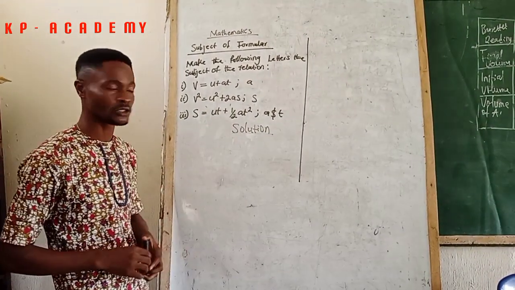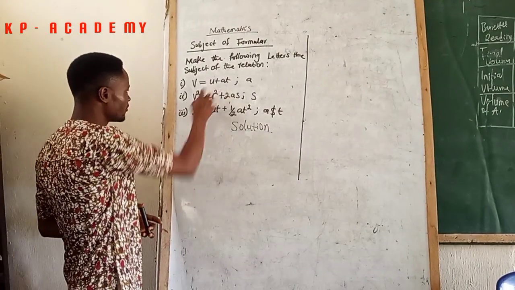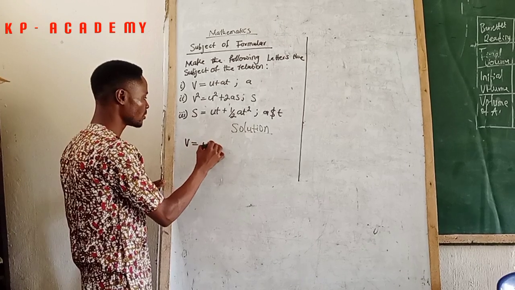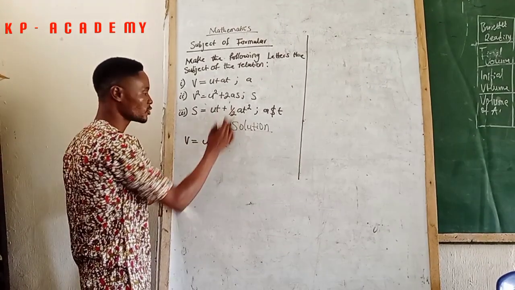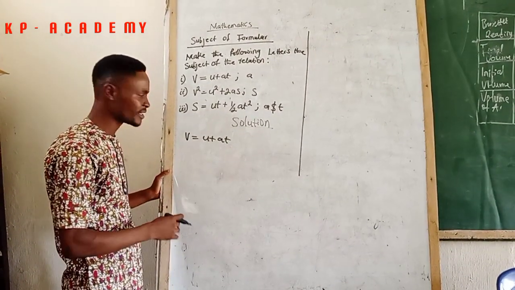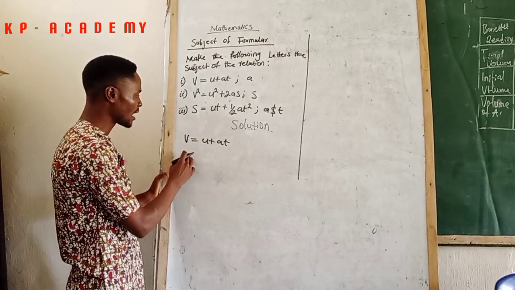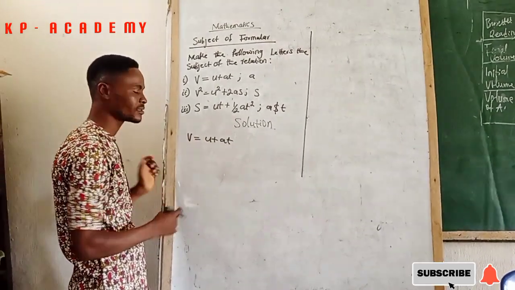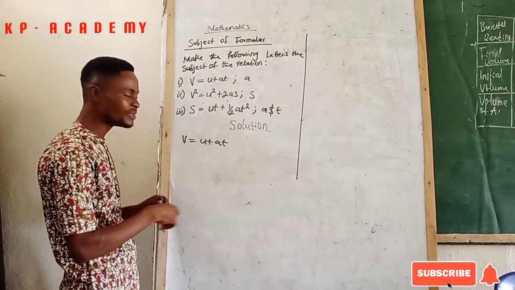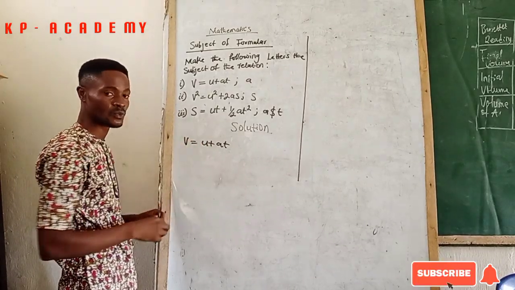So very quickly, the solution. Let's start with the very first one, which says V is equal to U plus AT. We are told to make A the subject of the formula. So how do I do that? Very simple. I am going to subtract U from both sides. By subtracting U from both sides, it simply means carry this U to the other side of the equation.